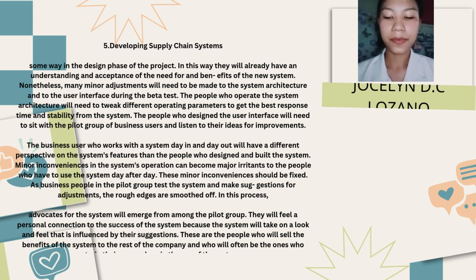When the system first goes into production, the rollout for a big system that affects more than one area of the business, or many people in a single area, may last a while, from six months to a year.